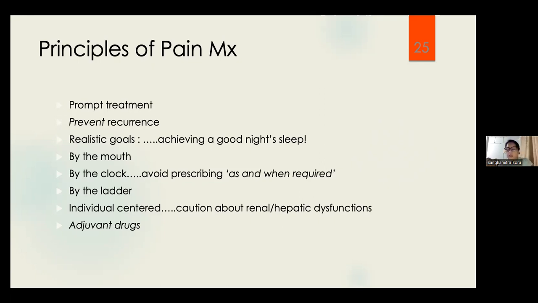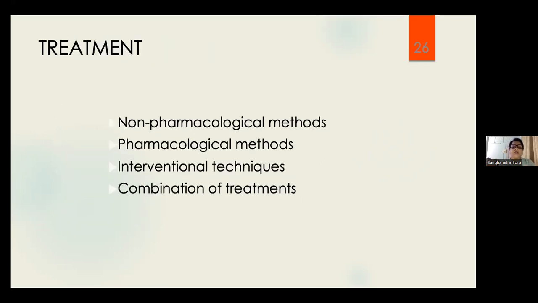So I'm just coming to the next slide, where the treatment will be from the non-pharmacological methods to the pharmacological methods, going on to the interventional techniques, and many times a combination of all these 3 things.